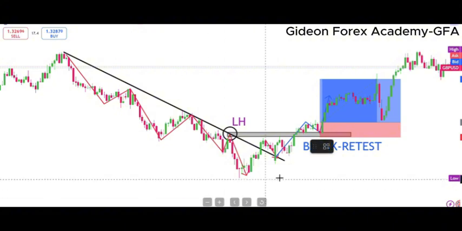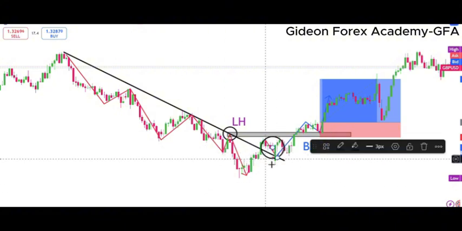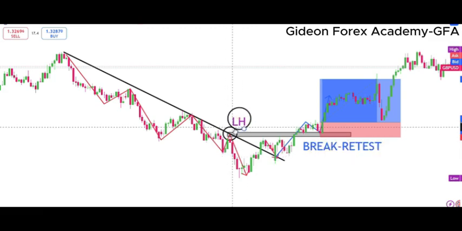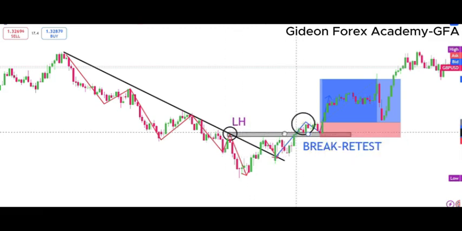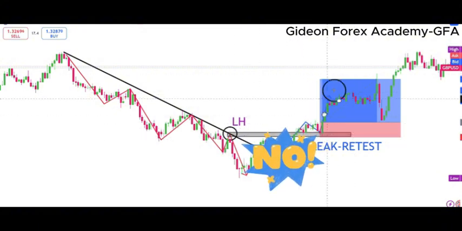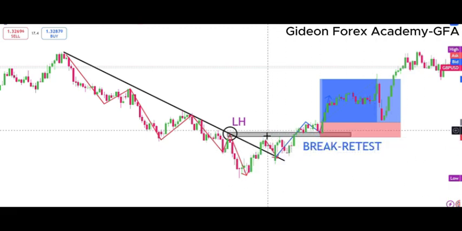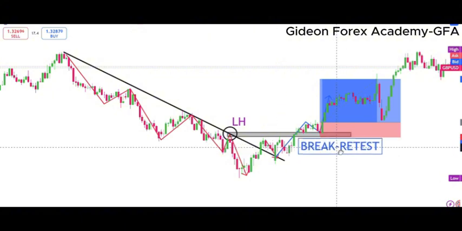Wait for a confirmation after the break above the lower high, because that would indicate a complete trend reversal to the upside. Okay, wait for that confirmation. Do not make the mistake of buying immediately. Simply because the price has broken above the trend line does not mean you immediately jump in for a buy. Wait for a break above the lower high.